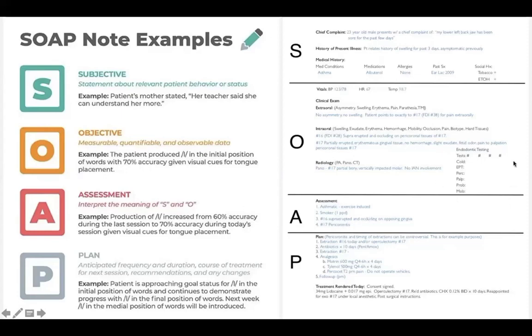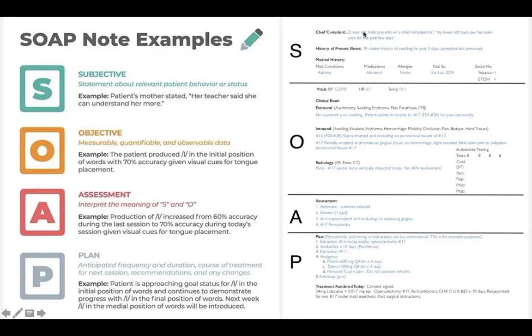They have not performed endodontic testing, and then for the plan, they made a plan: extraction of number 16 today, and pulpectomy for number 17, and antibiotics for 10 days, penicillin amoxicillin, and extraction of 17 after the infection is gone, because number 17 has some infection. And then we will perform extraction of number 17, which is the left lower wisdom tooth.